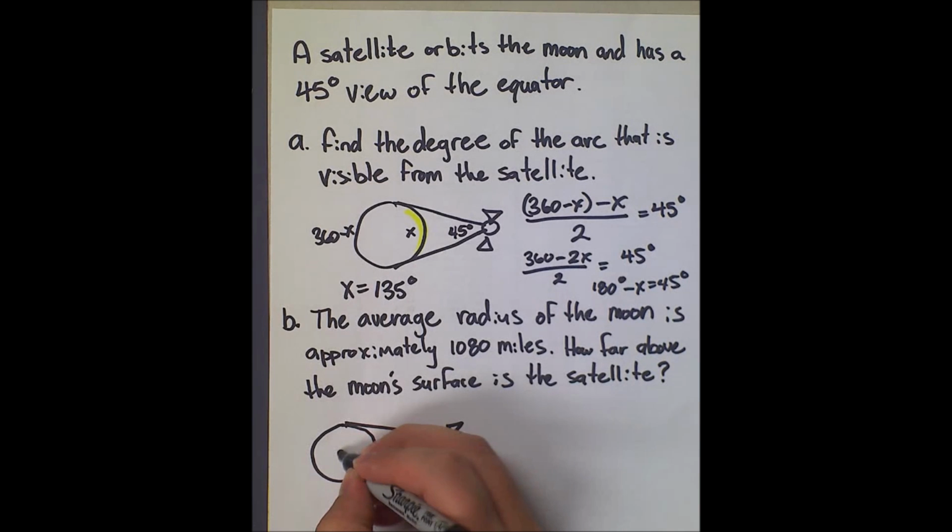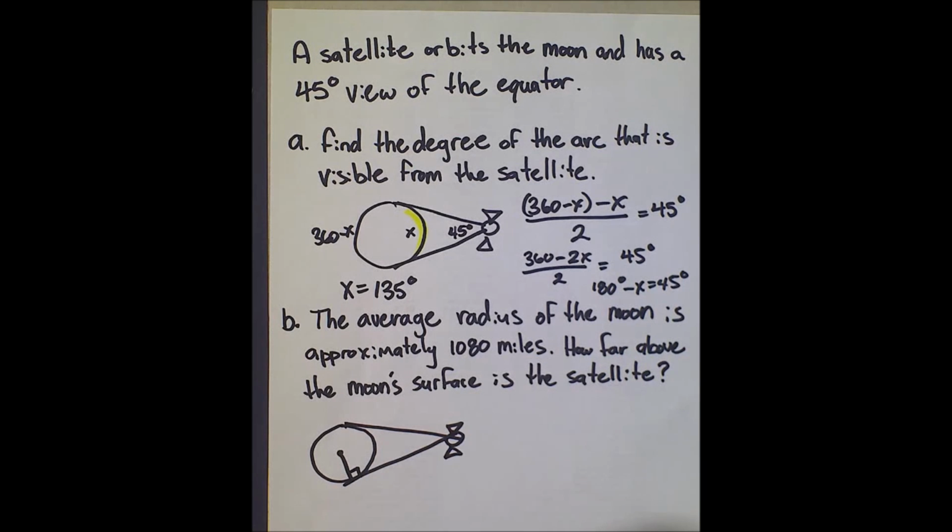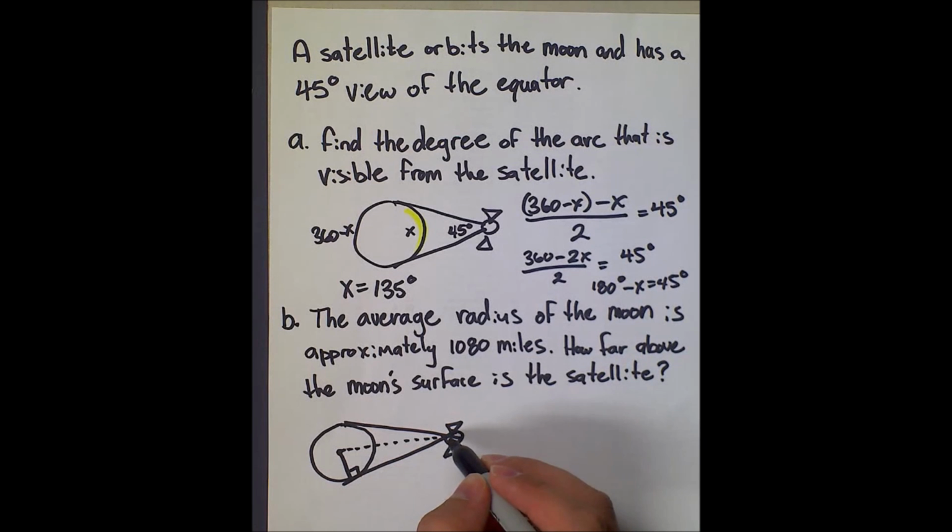And I know something different this time. I know a radius. So the radius from the center to the point of tangency is a right angle. And if I draw a line from the center to the point external to the circle, I form a right triangle.